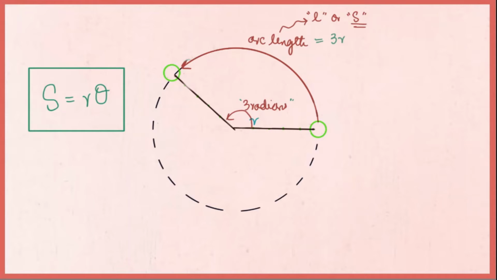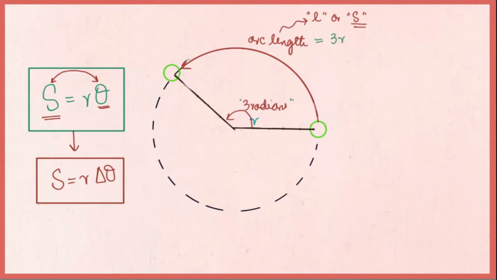If the angle subtended is theta radians, then radius times theta will give us the arc length traveled by the object. Similarly, if the angular displacement is delta theta, then the distance covered will be radius times delta theta, and the unit of distance is the same as that of the radius. If the radius is in meters, then the distance will also be in meters, and if the radius is in centimeters, then the distance will be in centimeters.